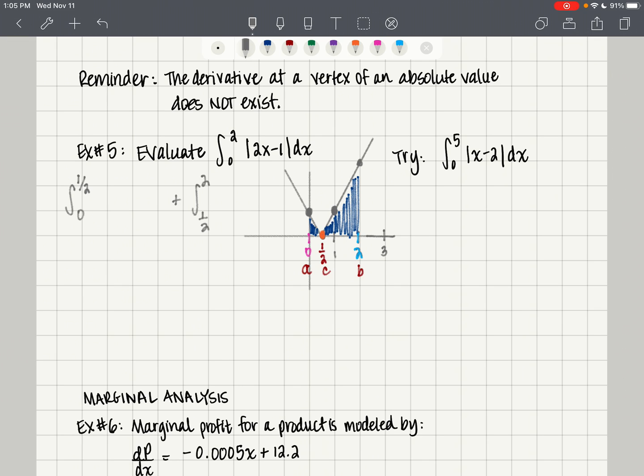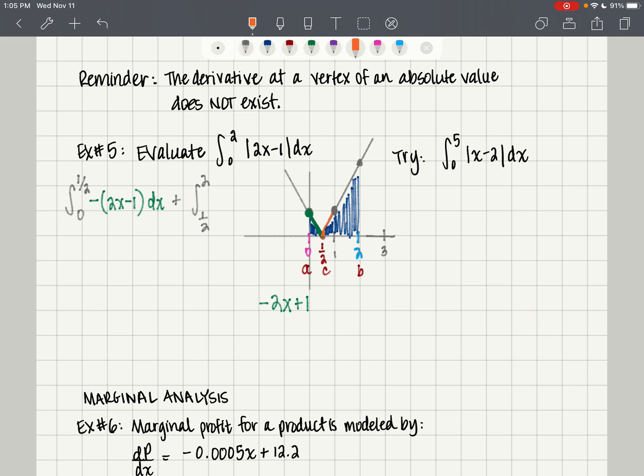Now, we can't just take the absolute value of 2x minus 1. We have to look at what this curve is. It's a straight line, a linear part. So its linear equation is the opposite of 2x minus 1, which is negative 2x plus 1, and you can see very clearly we have a y-intercept at 1, and then a slope of negative 2.